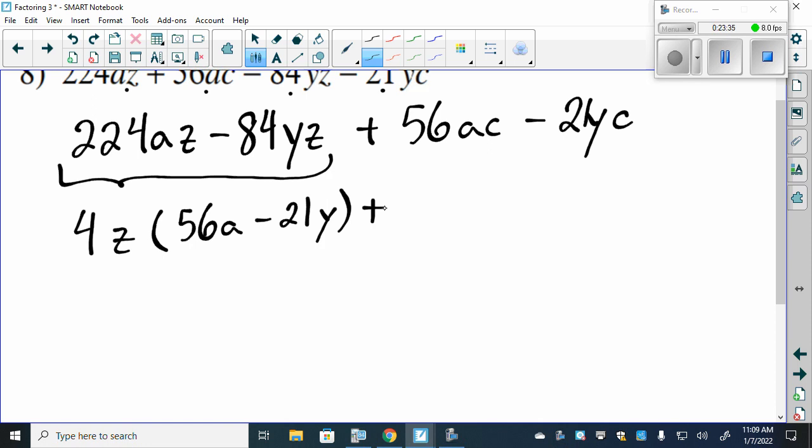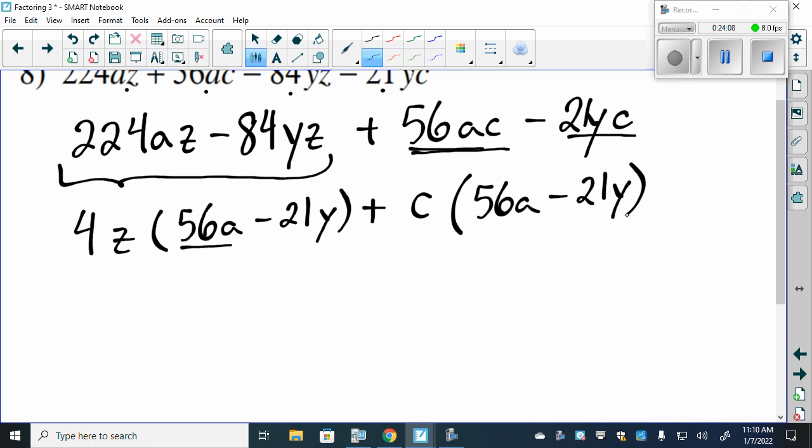Now what do we need to factor out of the other one? Well, what do both of these have in common? Yeah, we can just take out the C, because we need the first term inside the parentheses to be what? 56A. What do we have? 56AC. So I could say 56A minus. So I've got both of the parentheses to be the exact same.